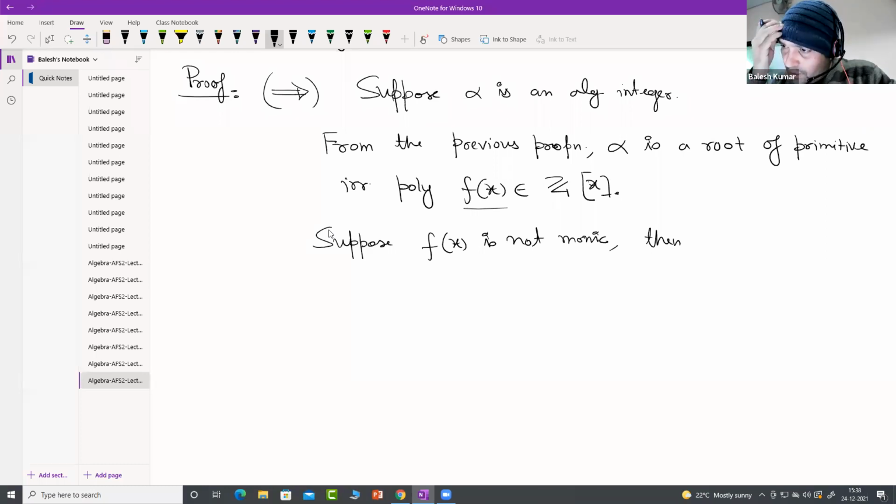If it is not monic, and we know that the polynomials for which alpha is a root are precisely generated by this f of x.